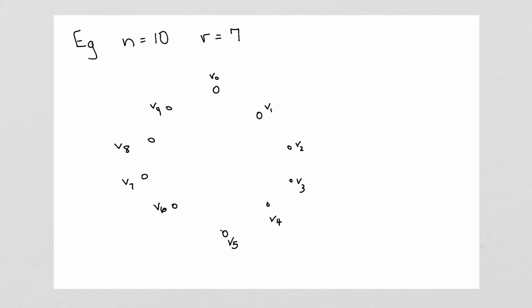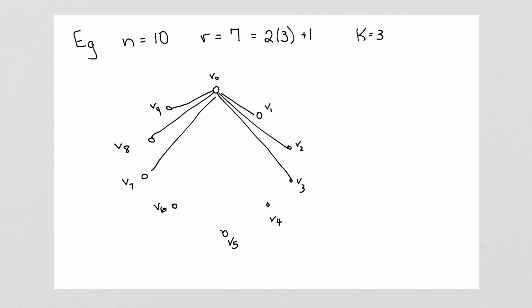So 7 we can think of as 2 times 3 plus 1, so our k would equal 3 in this case. With V0, we're going to connect that to V1, V2, and V3, and then V9, V8, and V7 counterclockwise, and then we connect V0 directly across to V5.